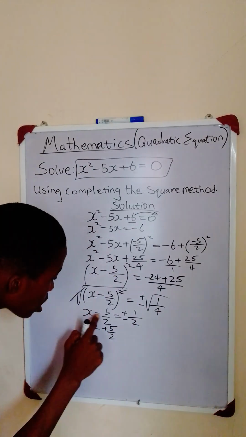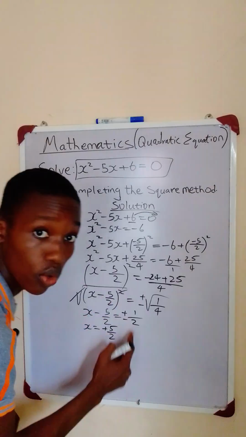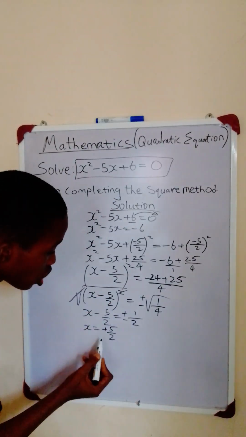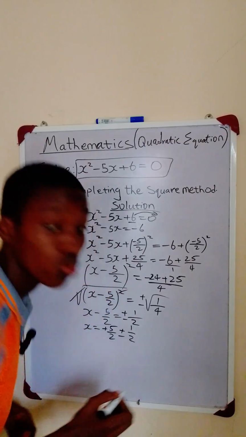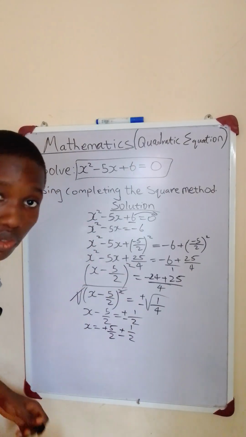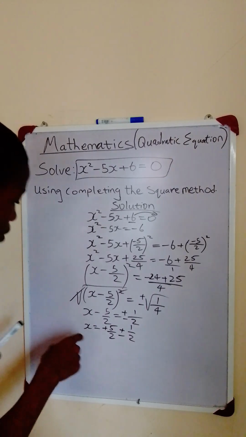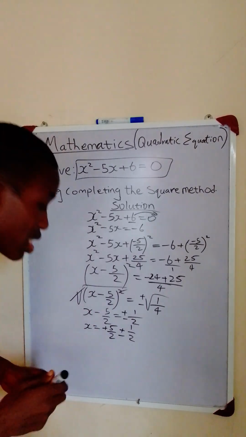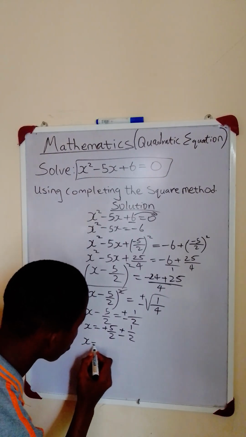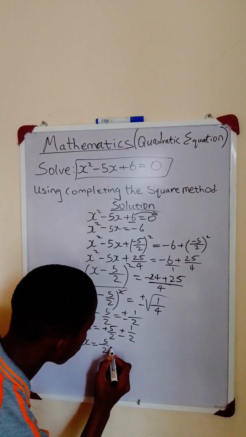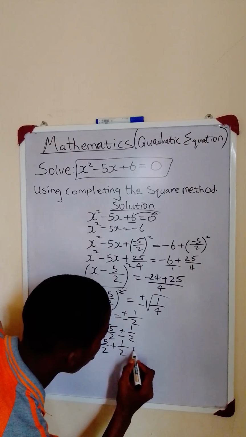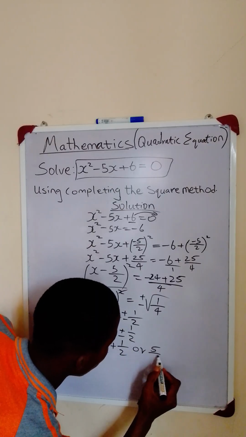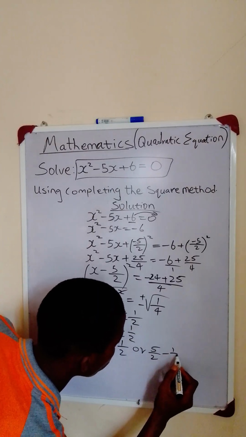So when this minus 5 over 2 crosses over, it changes to plus 5 over 2, plus or minus 1 over 2. Don't forget, plus or minus. So this x is going to have two answers. Now x equals 5 over 2 plus 1 over 2, or you still write the negative, 5 over 2 minus 1 over 2.